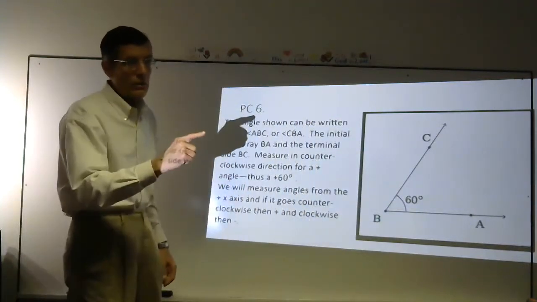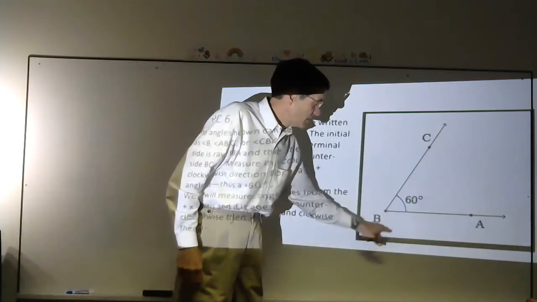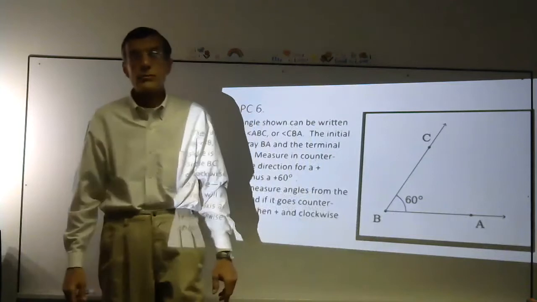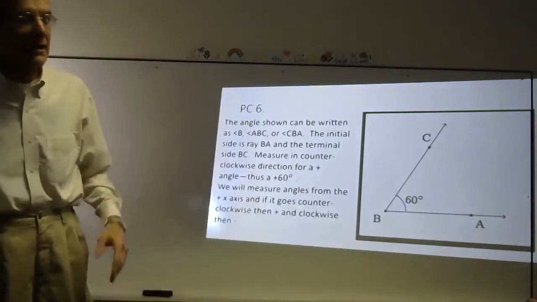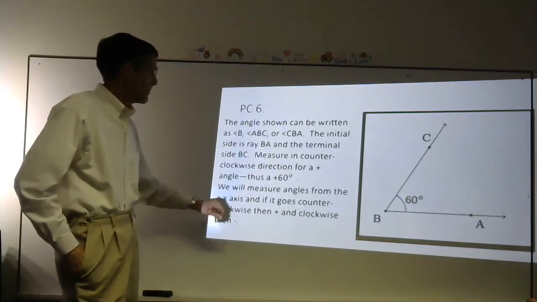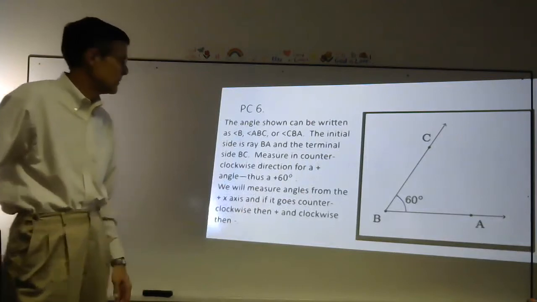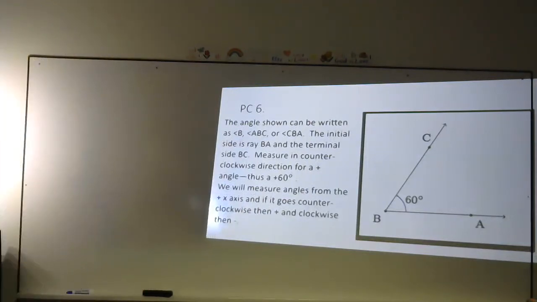It goes counterclockwise to be positive. If it would go in a negative direction, if it would go clockwise, then it would be a negative angle. So we're going to measure angles from the positive x-axis. Going counterclockwise, it's a positive angle, and clockwise, it is a negative angle. I'll give you some more practice on that.